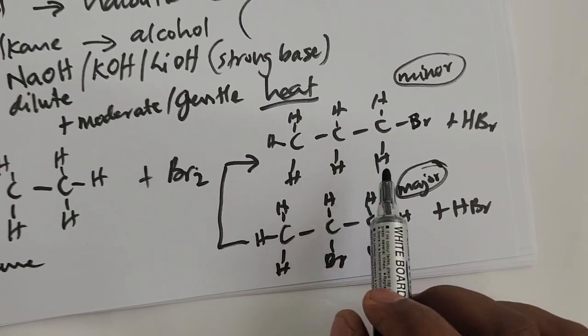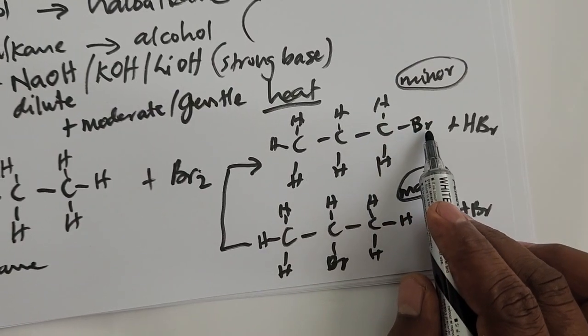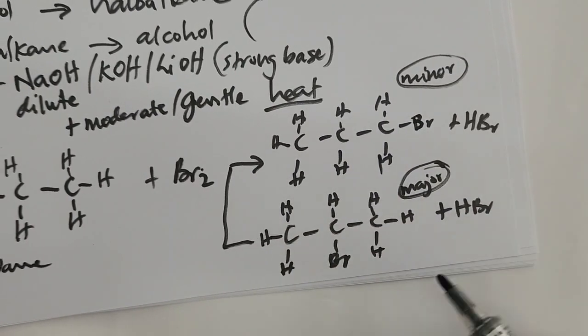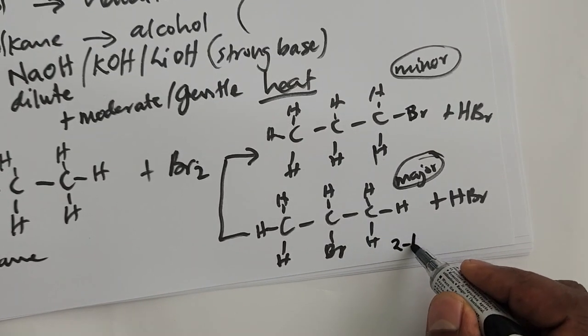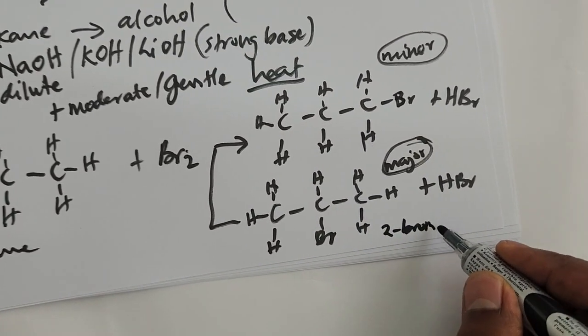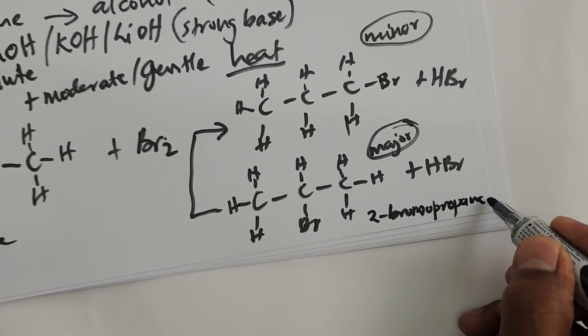The minor one is 1-bromopropane, and then the major one is 2-bromopropane. This is the one that you need to know.